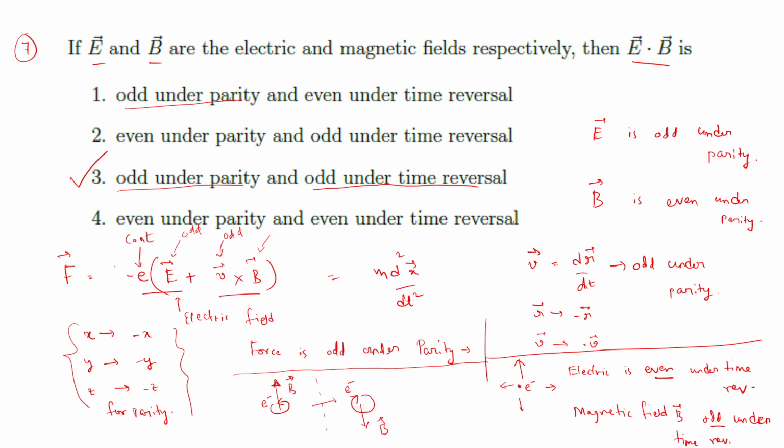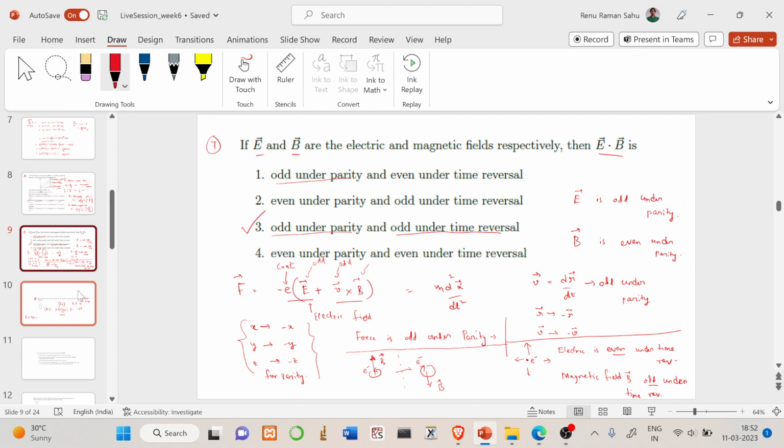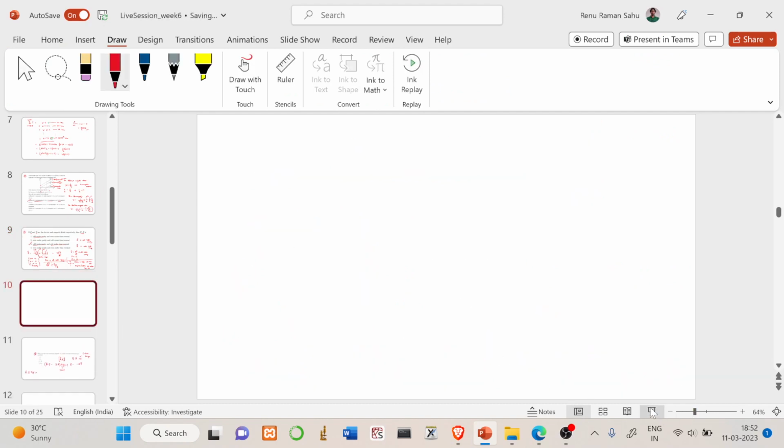To find the parity, you have to look at any physical quantity, let's say any quantity Q. We have to see whether it is odd or even under parity.